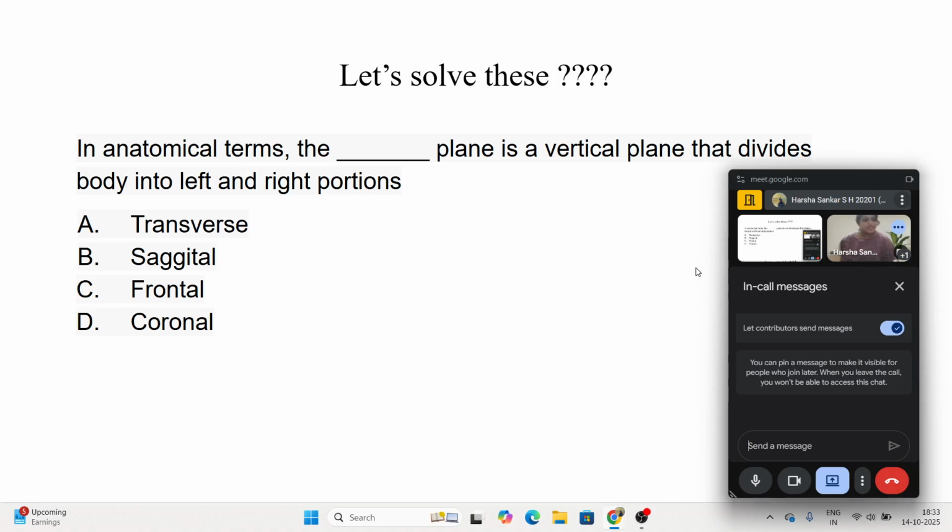Then we can discuss and go one by one. So now it's 6:33. At 6:35, maybe we can discuss the answer. So try to remember what the other options are, what the different planes are, whatever we learned along with this direction.